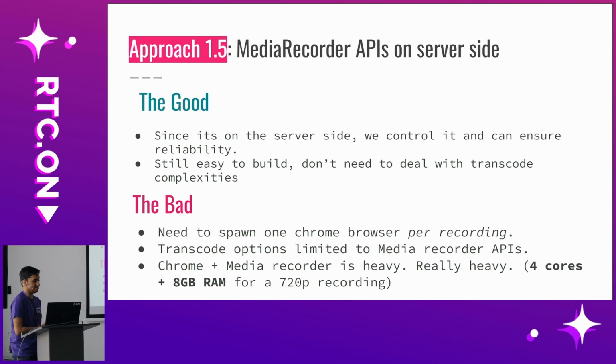If the browser crashes, for example, we could restart it. And it's still easy to build. You don't get into the mess of video transcoding because the MediaRecorder API handles all of these things for you.